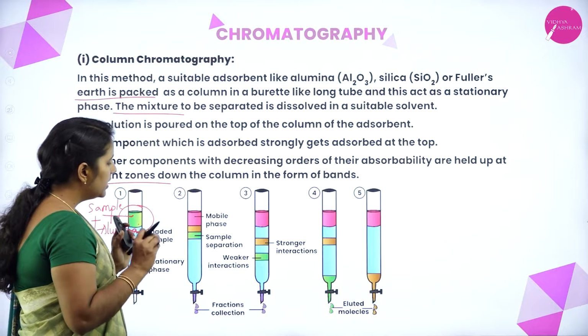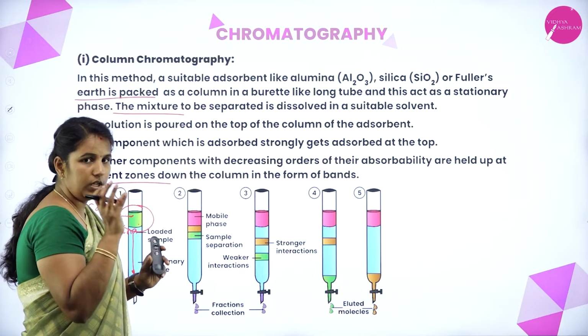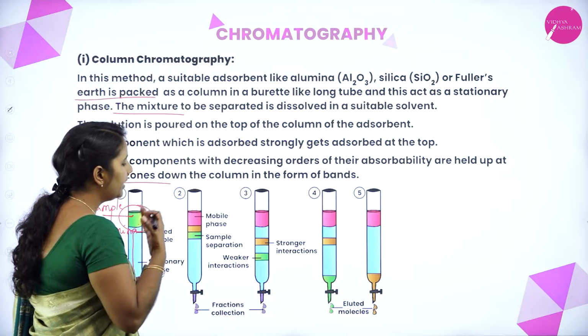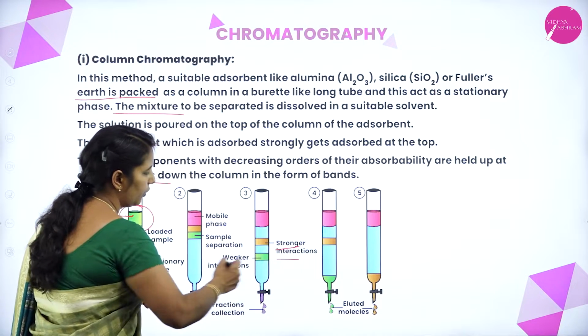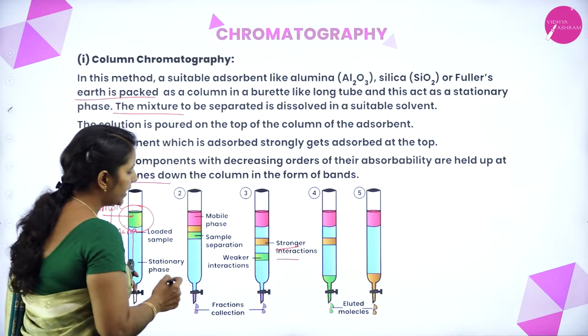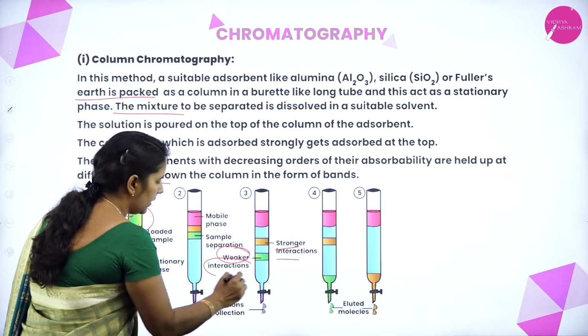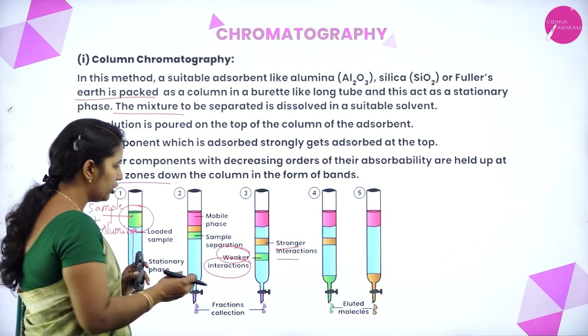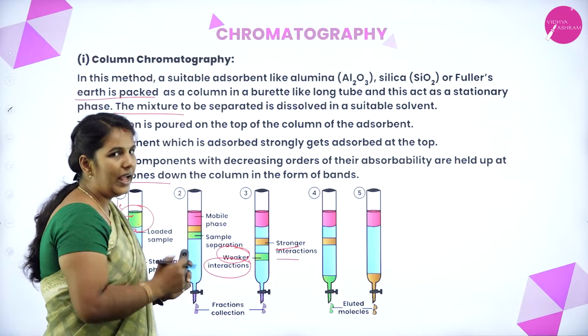What will happen? The component with more adsorbing capacity will get adsorbed first, due to the stronger interaction, whereas a component that has a weaker interaction will come later in the column.